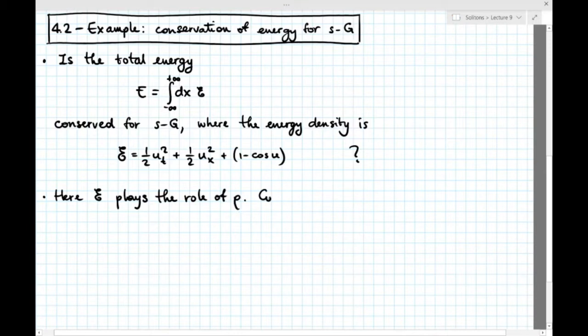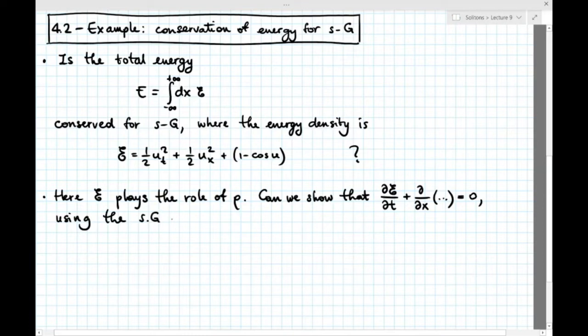So can we show that the partial derivative of the energy density with respect to time plus the partial derivative with respect to space of some quantity that we would like to find is equal to 0 if we use the sine-Gordon equation, which I remind you is utt minus uxx plus sine u equal to 0?